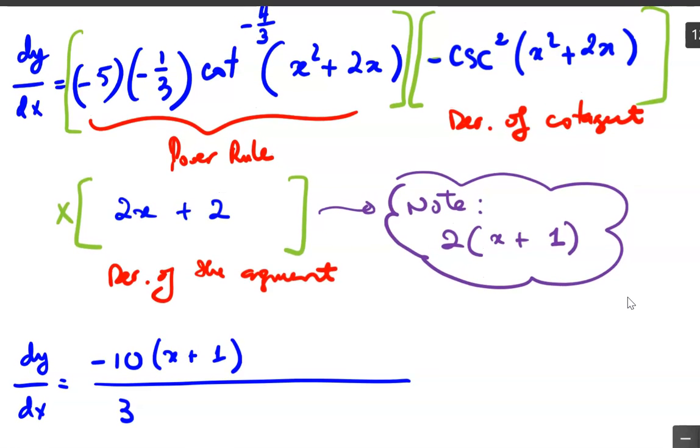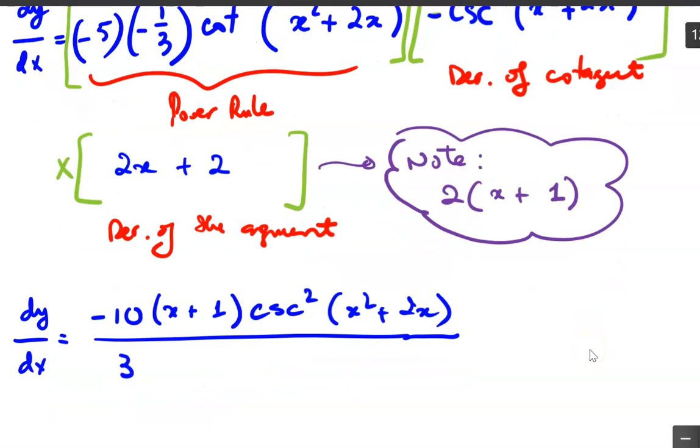On top, I should have cosecant squared of the argument x squared plus 2x. And I will bring cotangent to the exponent negative 4/3 down to the denominator and make that a positive exponent as required. So cotangent to the 4/3 of x squared plus 2x.